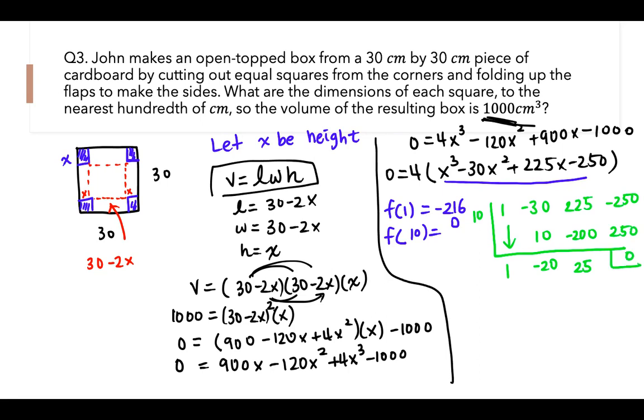Okay, so we got it. So the next factor, it looks like it's 0 equals 4, and it's going to be x minus 10, and then 1 degree down, so it's x squared minus 20x plus 25.